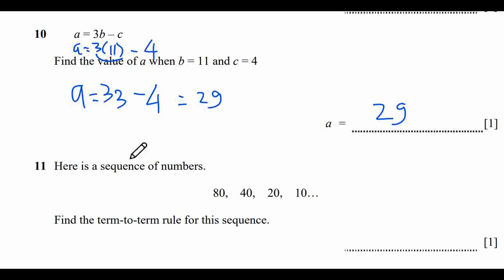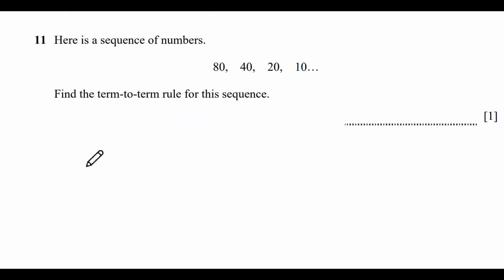Next number. Here's a sequence of numbers 80, 40, 20, 10. Find the term-to-term rule for this sequence. So 80 to 40, 40 to 20, and 20 to 10. You can see that this is decreasing, so it's either division or subtraction.